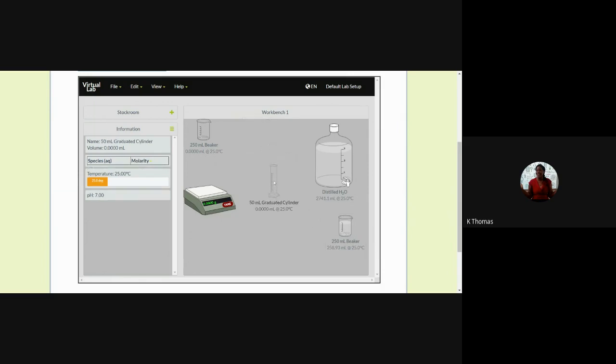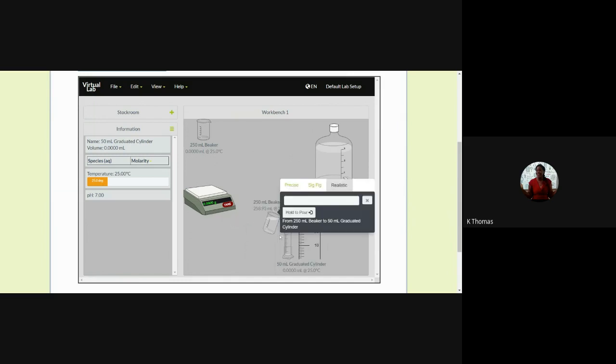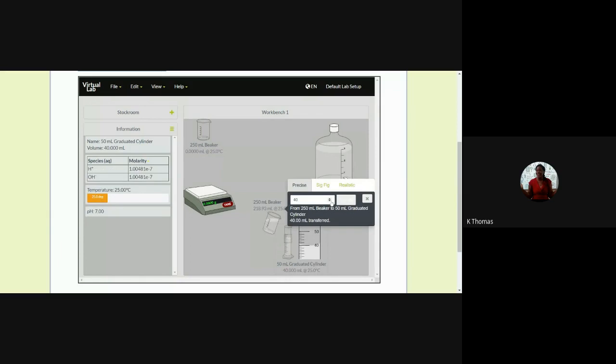Now I'm going to take the beaker and rest it on a flat surface, and then take the graduated cylinder, rest it on a flat surface, take the beaker, and measure out precisely 40 ml of water. You see, I put in precisely what I want and press pour.